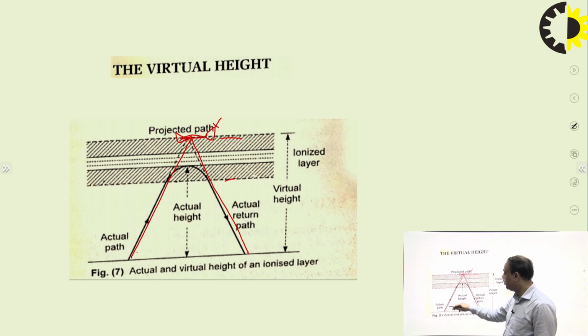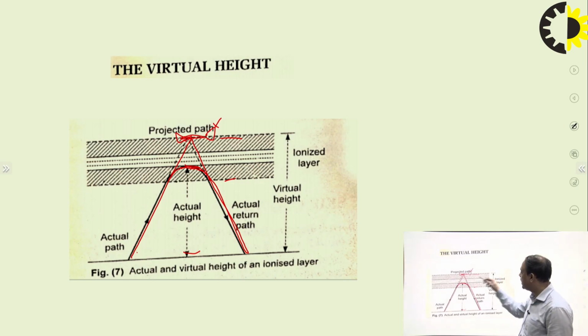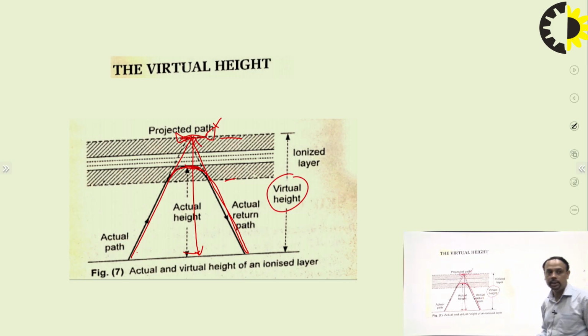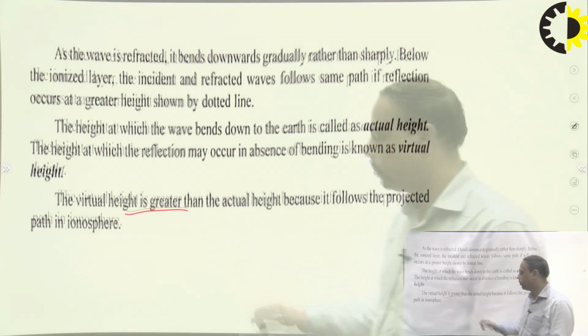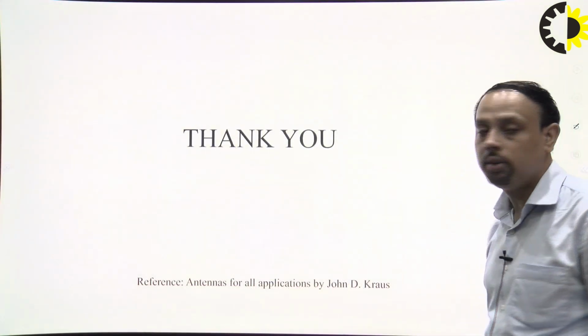So this wave actually follows this curved path due to the reflection and goes back to the earth. This is the actual height attained by the rays, but it seems as if there is a reflector, and this is the virtual height followed by the rays. So these are the terms, virtual height described over here, and thank you for this lecture.